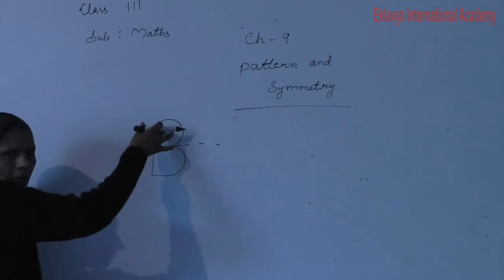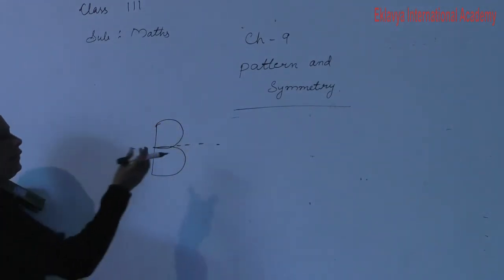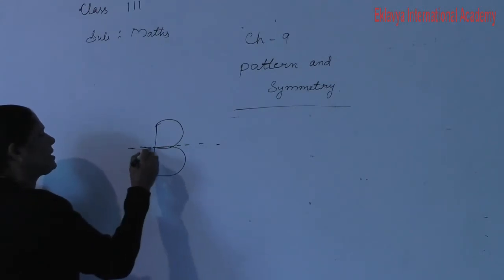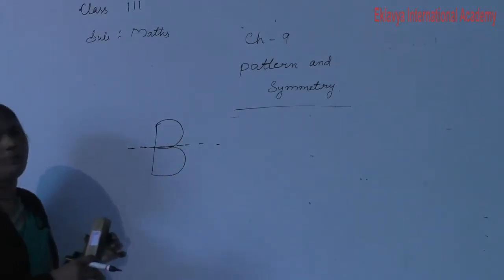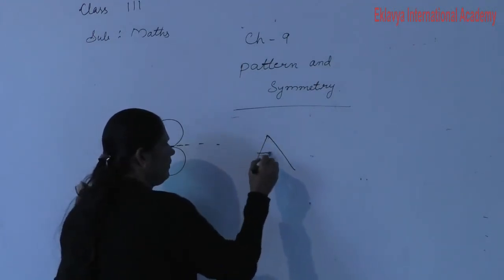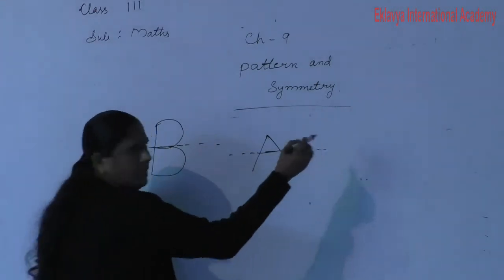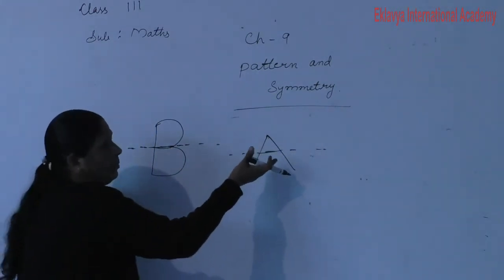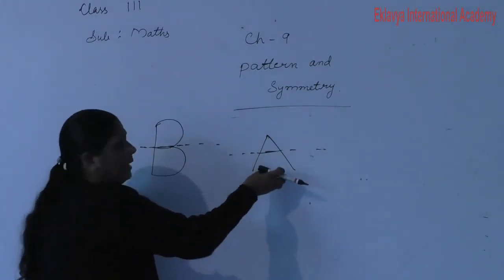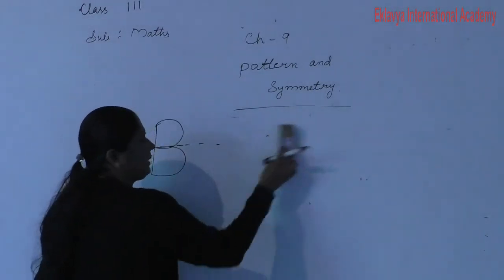This is half, this is half. Then we get a half of the B. This is the symmetry. Then A. Here we cut this. Is this a symmetry? No, the most part is here, here is less part. This is not symmetrical.